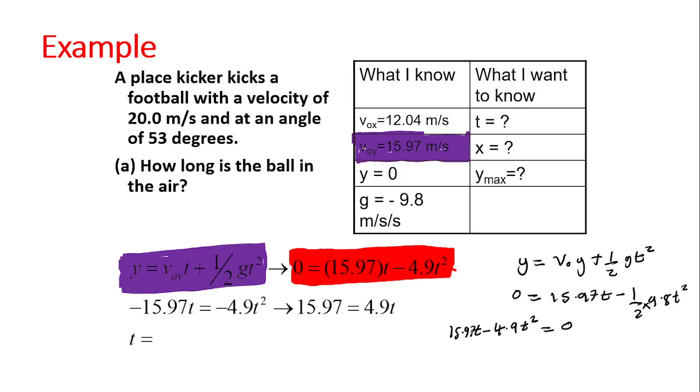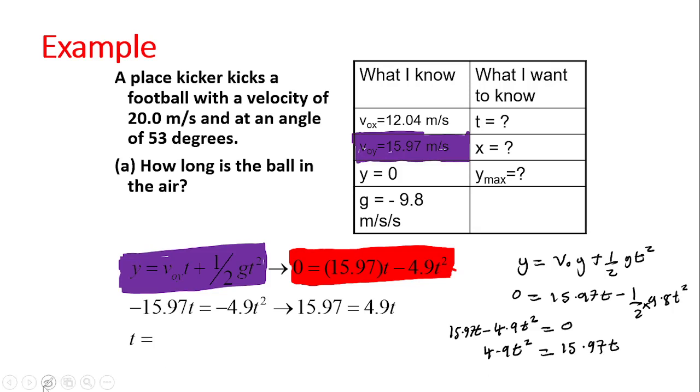I can take this one to the other side, or I can take this one to the other side, because even if I take this one to the other side, it will be positive. If I take this one to the other side, then it will be negative, but the negatives will still cancel out. So I'm going to have 4.9t squared is equal to 15.97t.